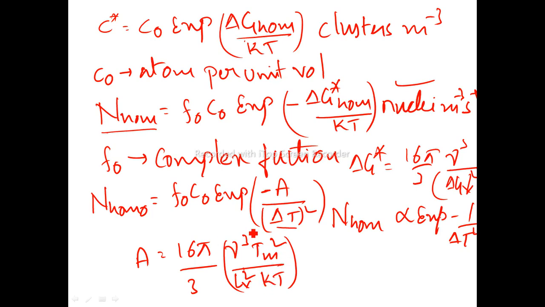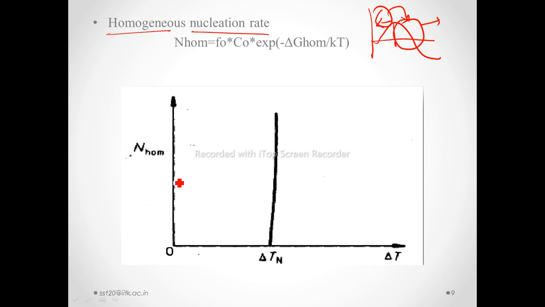And we can plot this graph: the rate of homogeneous nucleation with respect to delta T. Within a small narrow range of temperature, an explosion of nuclei takes place.